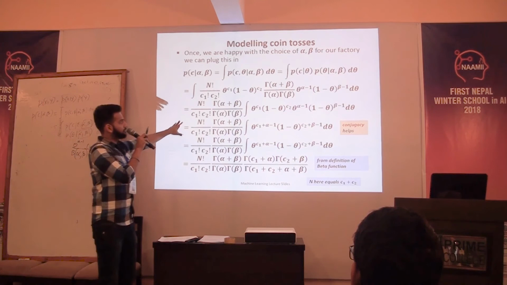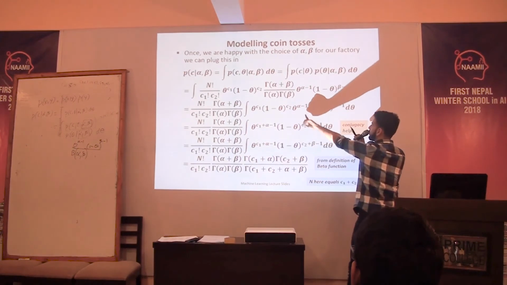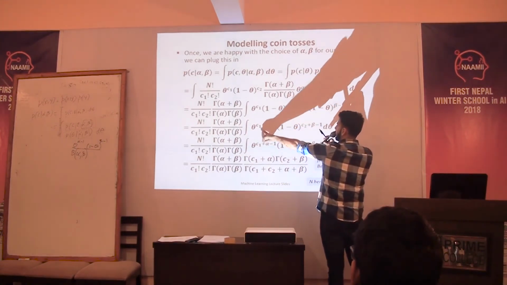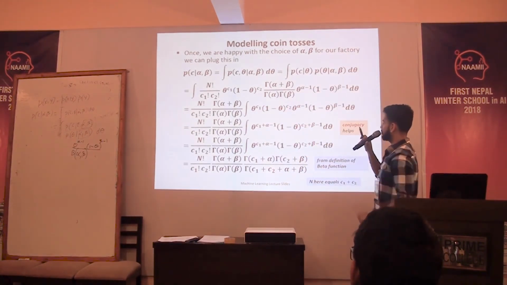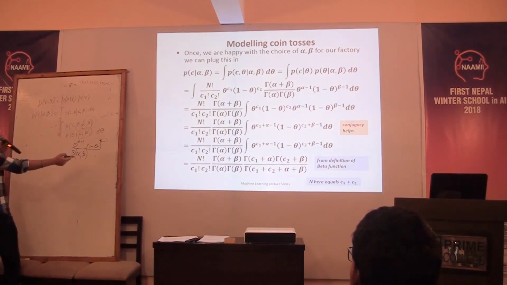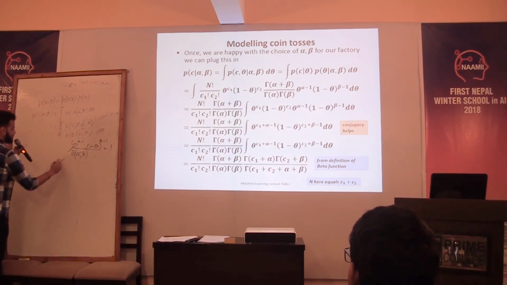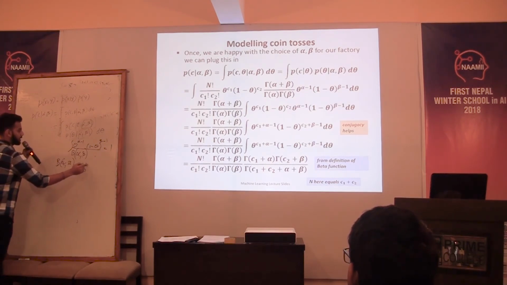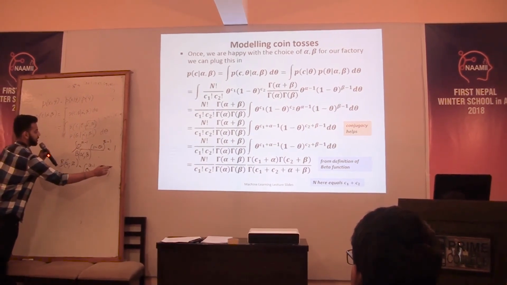Once we have this, we are multiplying theta to the C1 and theta to the alpha minus 1, to get theta to the m plus n, since theta to the m times theta to the n is theta to the m plus n. From the definition of a beta distribution, this has to integrate to equal 1, which means that B of alpha comma beta is nothing but the integral of theta to the alpha minus 1 times 1 minus theta to the beta minus 1.